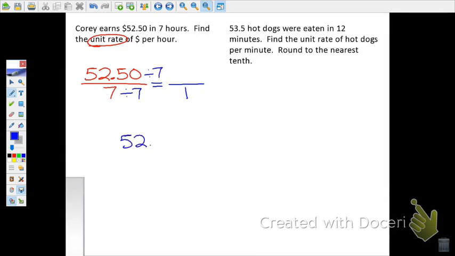So $52.50 divided by 7. How many times does 7 go into 52? 7 times 7 is 49. How many times does 7 go into 35? 5.